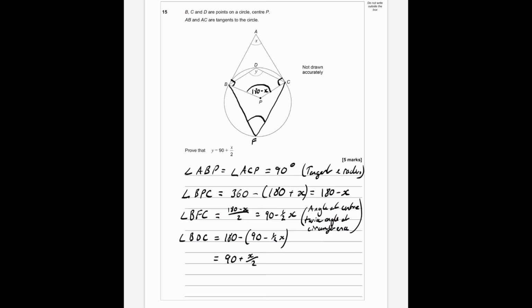So in this case, we're going to 180 subtract 90 minus a half x, which will be 90 plus x over 2. And the reason is because, of course, opposite angles on a cyclic quadrilateral sum to 180 degrees. I could have put y equals in front of that, which would have been nice, but I forgot. So there we have it.